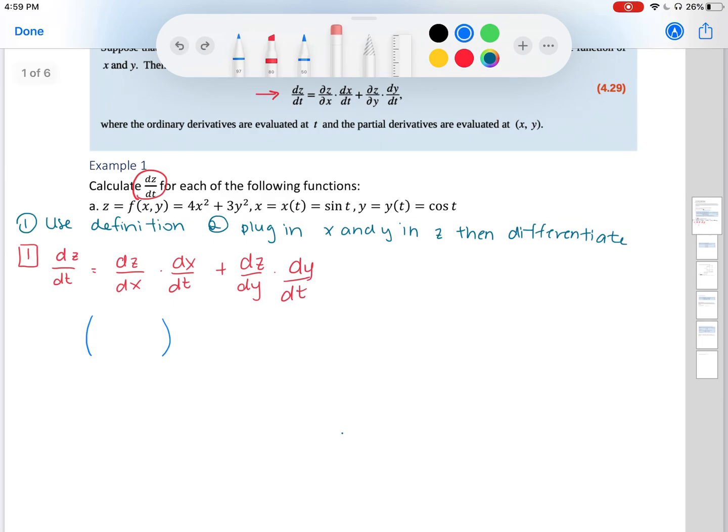So we have 8x times our function x in terms of t. That's x equals sine of t. The derivative of sine is cosine. That's our first part, plus our function z in terms of y. So we look at our function z and take a derivative in terms of y.